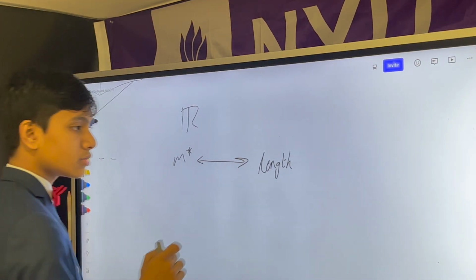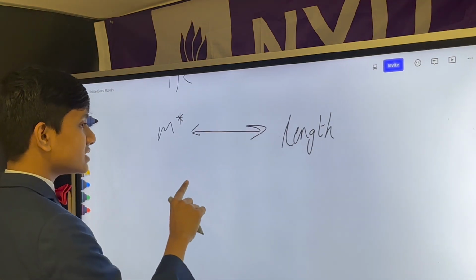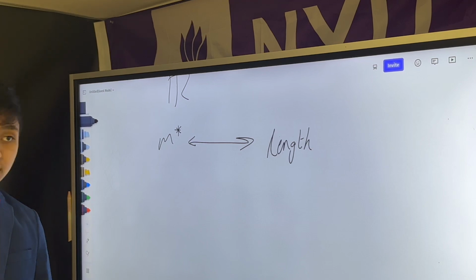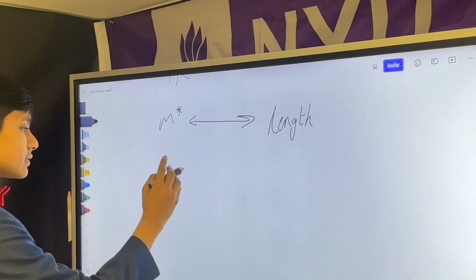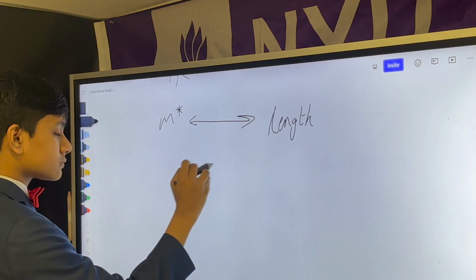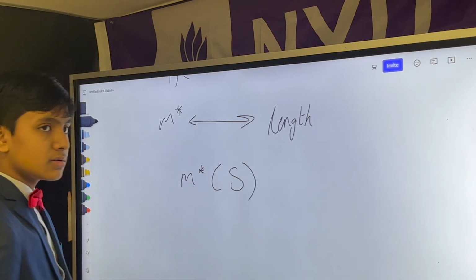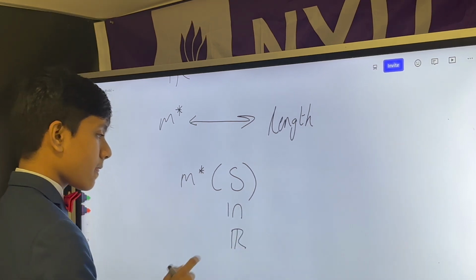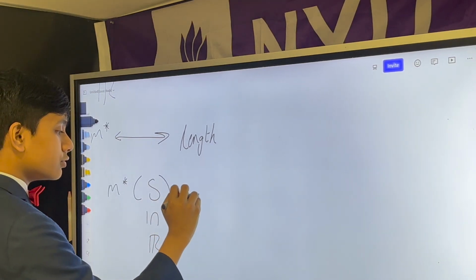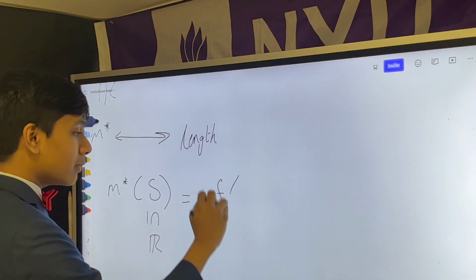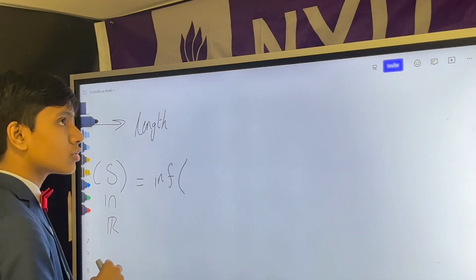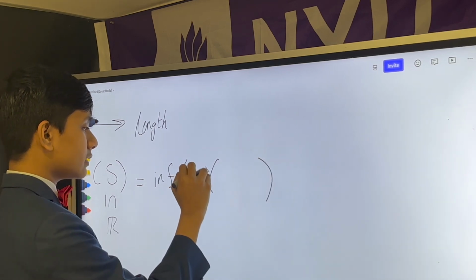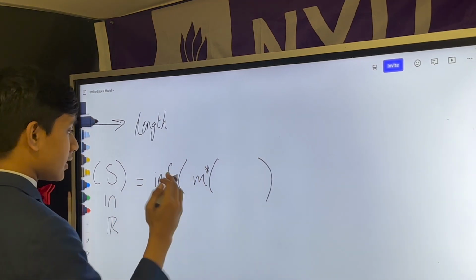So we're going to say that the length of any set, not just intervals, any set S, which is a subset of the real numbers, is equal to the infimum of the Lebesgue measure. Well, it's technically not the Lebesgue measure.